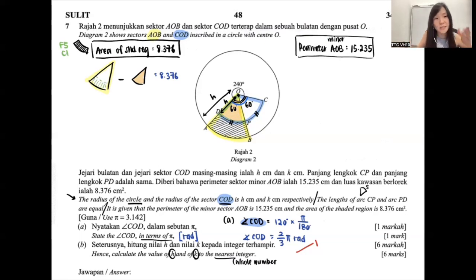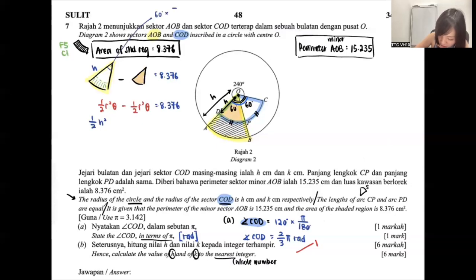So by that, how do I do it? Sector area formula is 1 over 2 r squared theta. That is the formula SPM provided. 1 over 2 r squared theta minus 1 over 2 r squared theta. Okay, that red color is just the formula. Now only I start. So 1 over 2. For the yellow color one, the radius is h. For the yellow color one, the angle is 60 degrees.